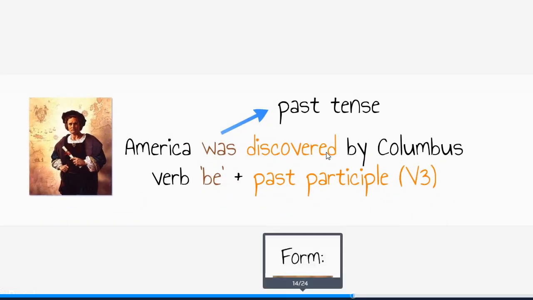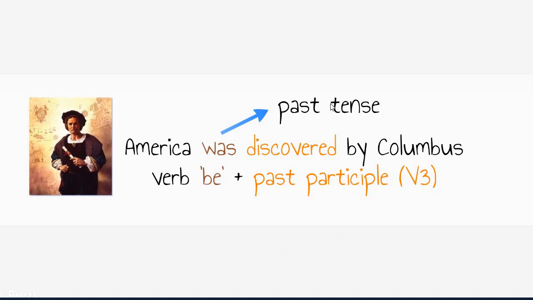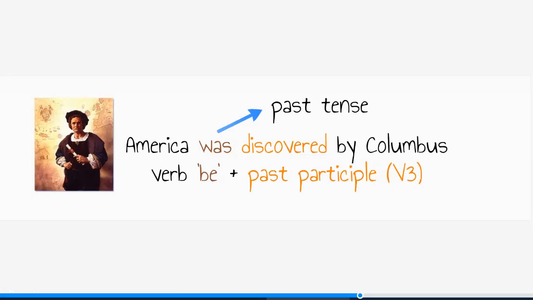In the past tense, if your verb in the active form is past, what you need to do is add was or were and then put the verb in the past participle. America was discovered by Columbus. Switch between the subject and the object. Put the object at the beginning of the sentence and the subject at the end of the sentence.